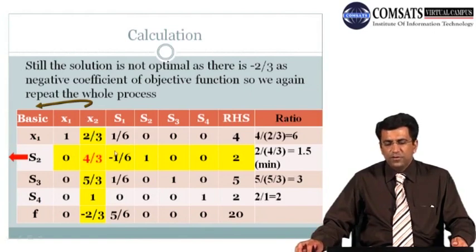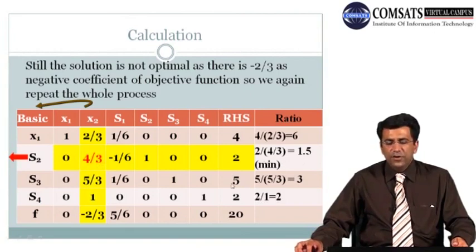So we will divide 4 by 2/3, and this will be equal to 6. Then again this value 2 in the right hand side will be divided by the corresponding x2 value in the pivot column, and that is 4/3, and we will get this value equal to 1.5.